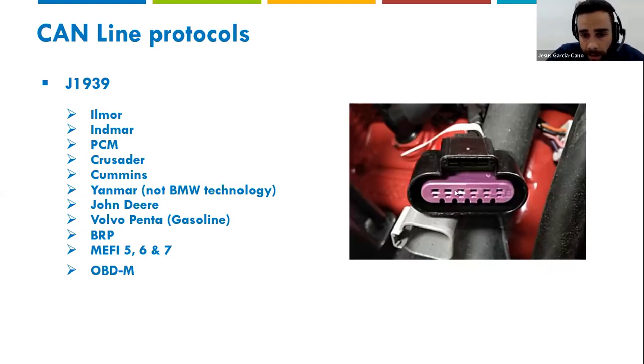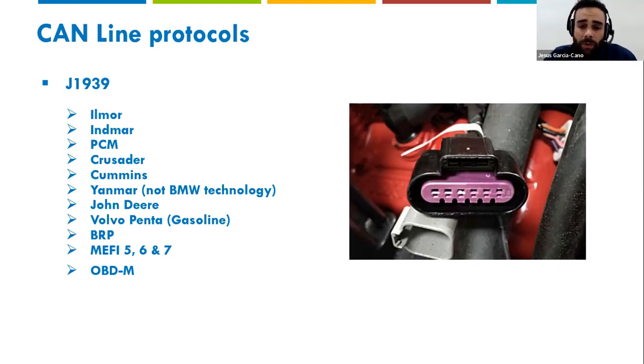Look at this picture: it is an OBD-M connector. It is really important and interesting for the marine sector because it's a standardized socket. This standard socket is used by American manufacturers of gasoline engines.